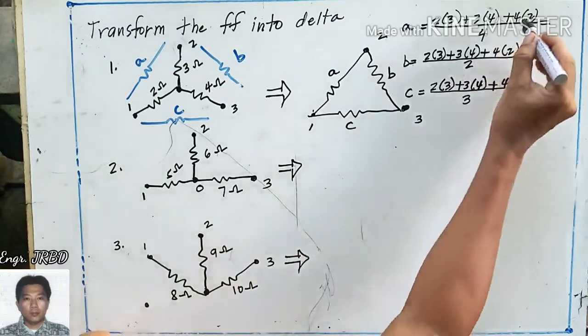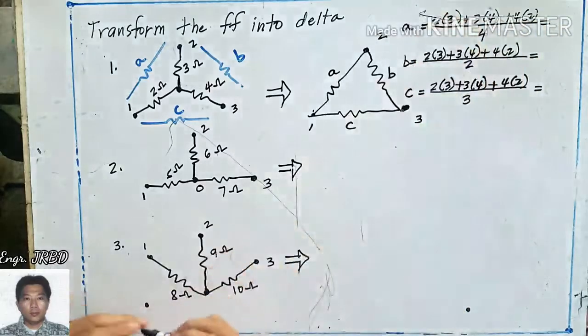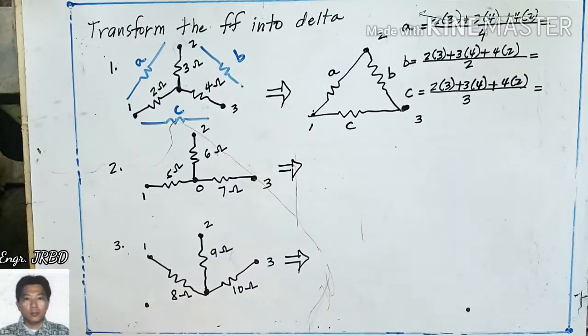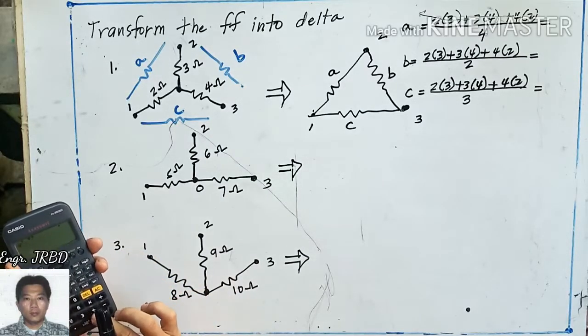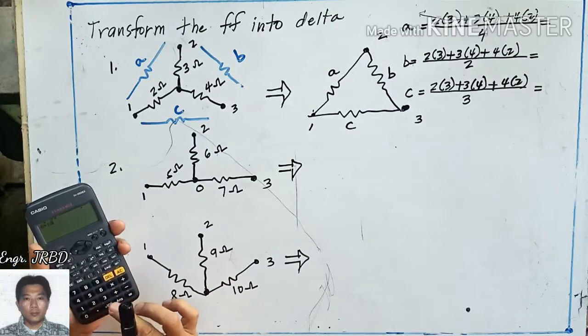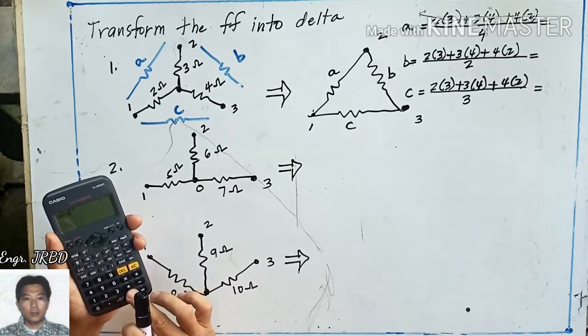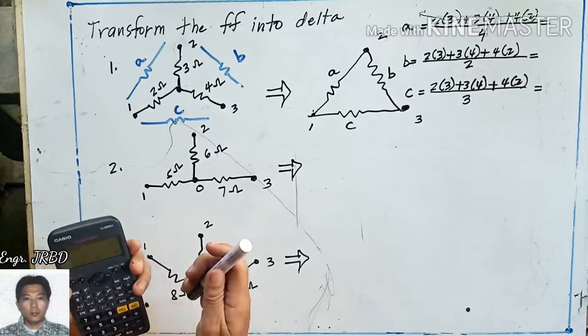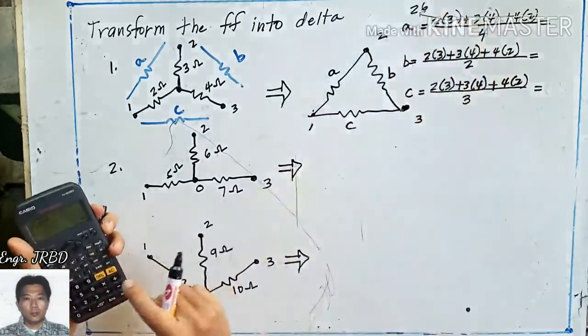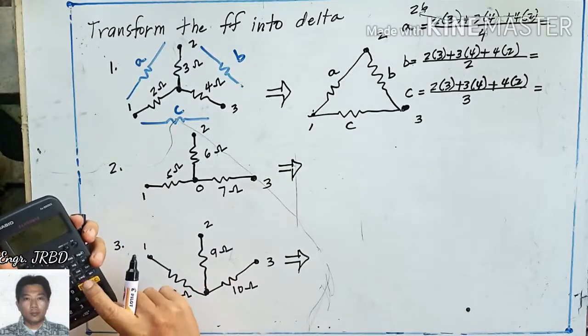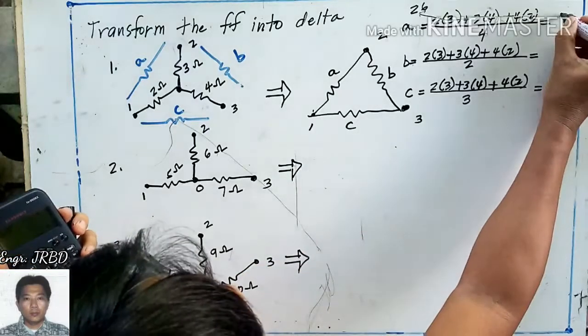Okay? So this is equivalent to 6 plus 12 plus 8, plus 12 plus 8, that is 26. 26 over 4 is 6.5.